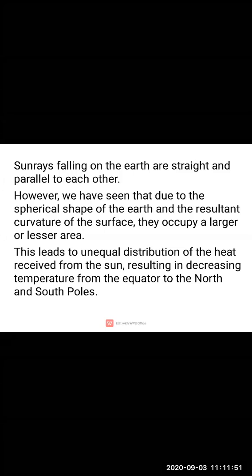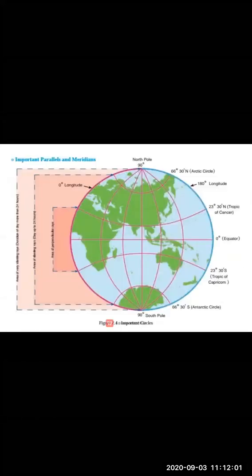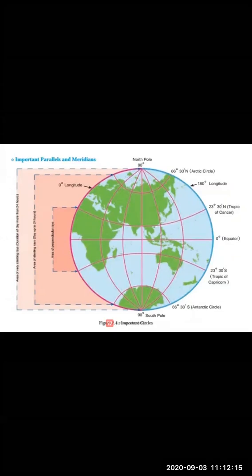So this point I'm going to explain with the help of the figure, children. Like I told you, we receive heat from the sun. Because of the spherical shape and the curvature of the surface, the sun rays will occupy a larger or lesser area. This will lead to the unequal distribution of the heat received from the sun.